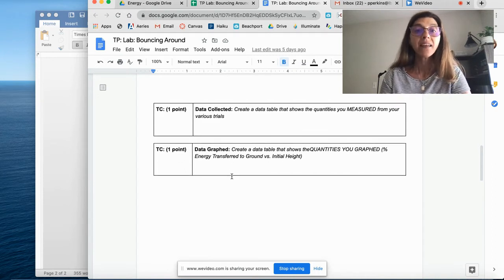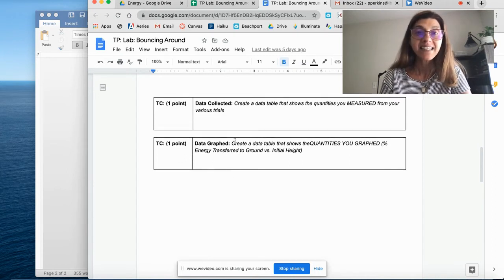And then in the second data table, you're going to create a table, not graph, a table that shows the quantities you graphed. Meaning the percent energy transferred to the ground versus the initial height. So this is a table, this is a table. They are different tables. This is quantities you measured, this is quantities that you graphed.